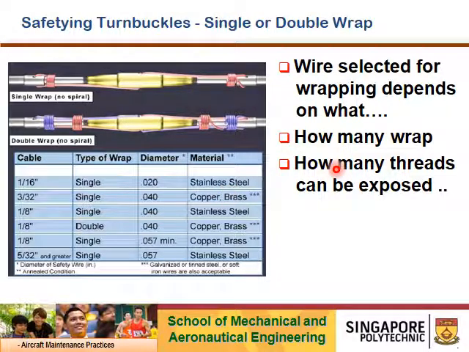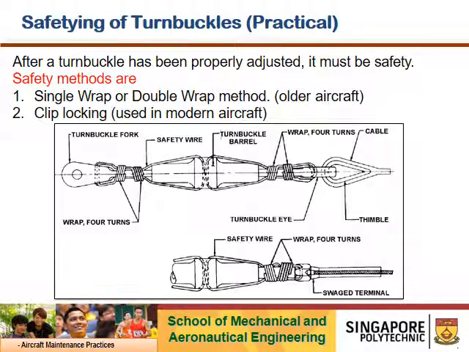Then what type of material, and how many wraps, based on the information given in the chart. And how many threads can be exposed. These threads refer to the turnbuckle. The turnbuckle itself is a female threaded barrel, and the end fitting is a male. The male will engage into the barrel, and how many threads can be exposed will be mentioned.